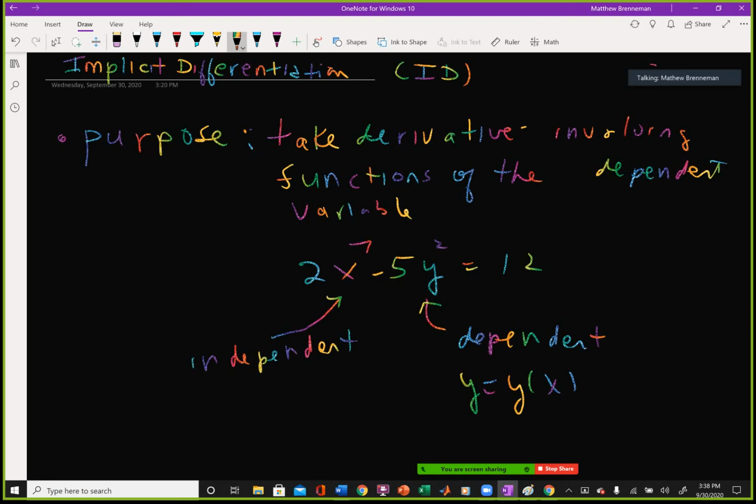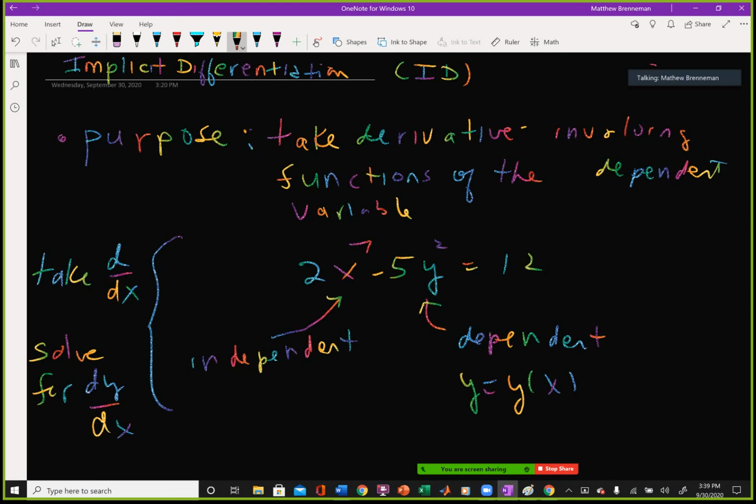So the point here is that I want to take the derivative of this sort of equation with respect to x, and I want to solve for dy/dx. That's our goal. This is a new sort of scenario, and this is why we introduce this technique called implicit differentiation.